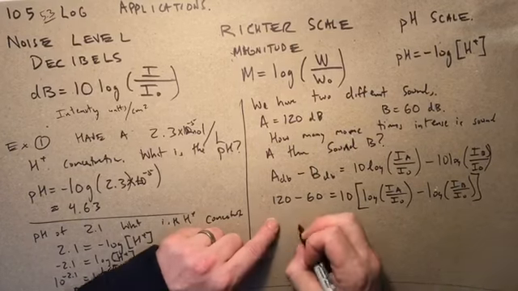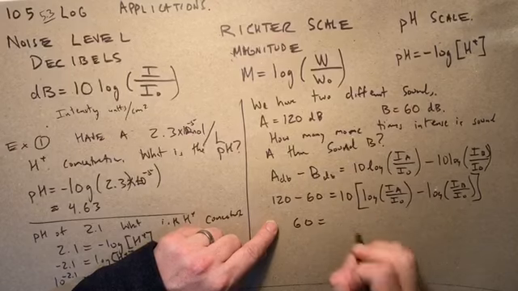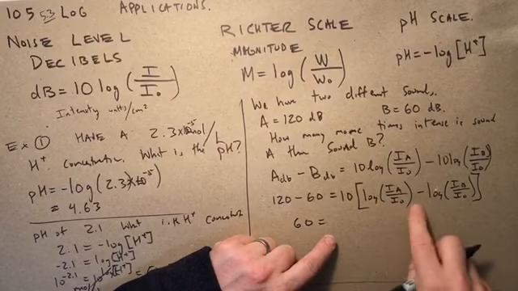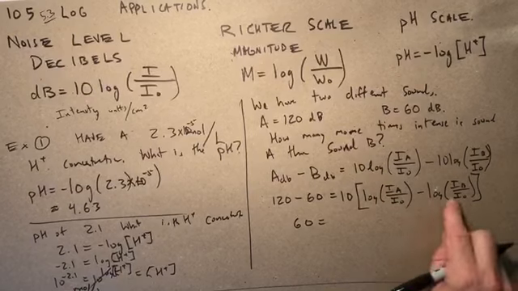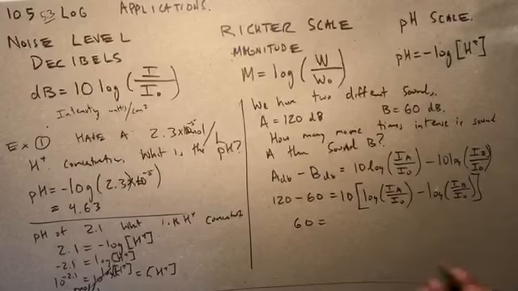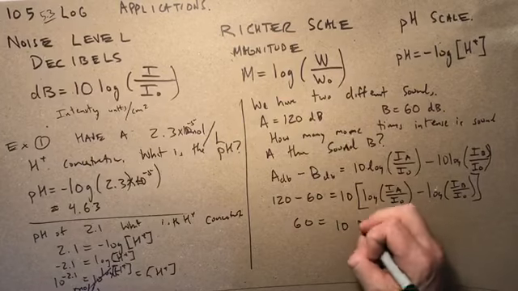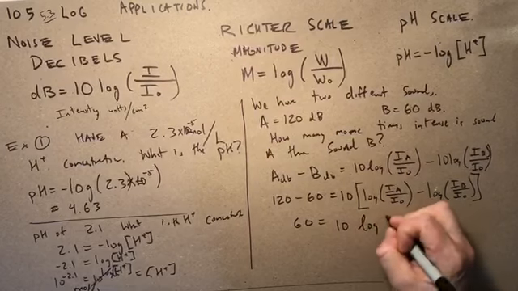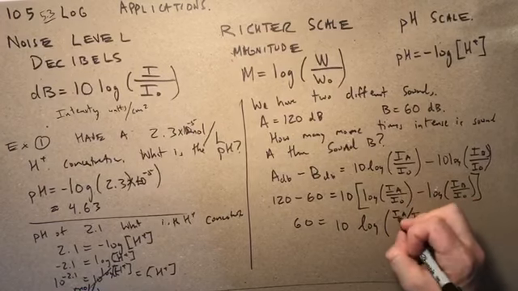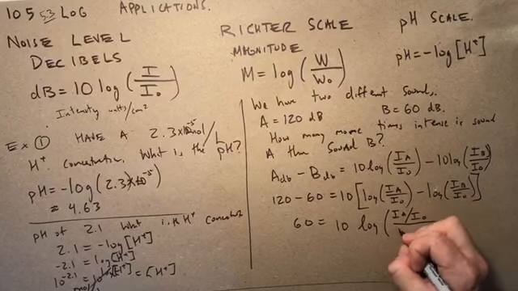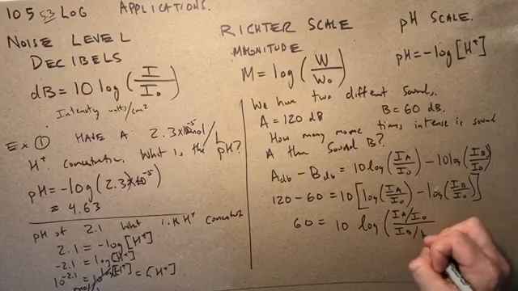Everyone knows that we have 60 over here, but a lot of us are looking at this and saying, Paul, I know what to do. I have the log of a difference of logs. I can convert that into the log of a quotient. And so we'll have 10 log of the intensity of A over I naught divided by the intensity of B over I naught.